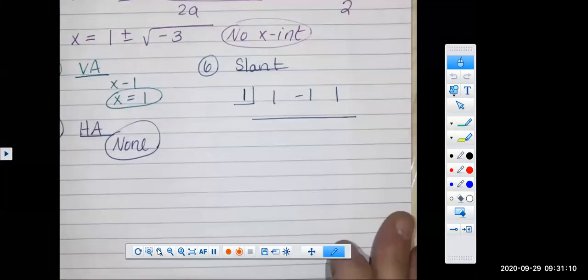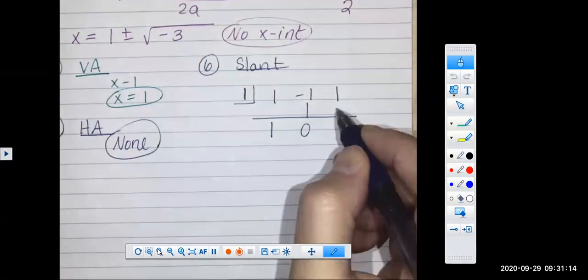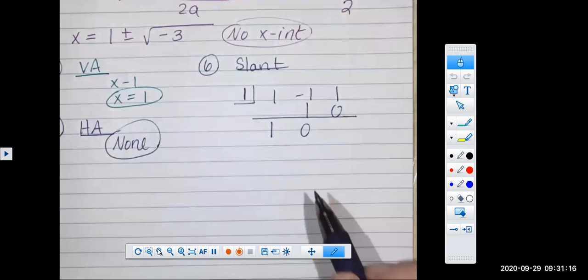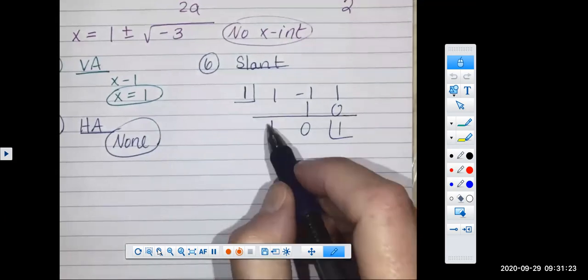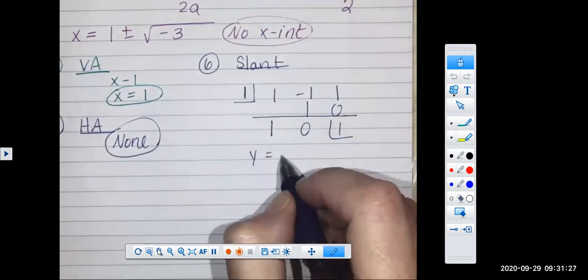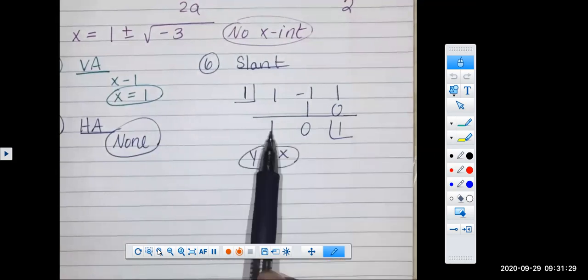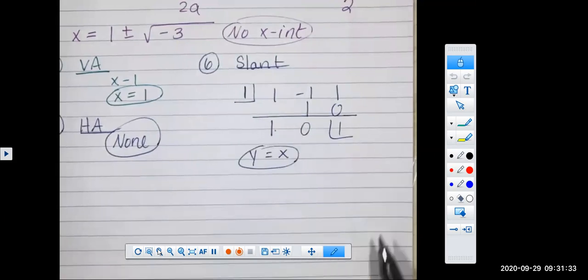You bring down that first number, multiply it. So what is your slant asymptote equation? This would be your what? Slope. So you got a slope of 1, and then my y-intercept is 0. So y equals x is your slant asymptote.